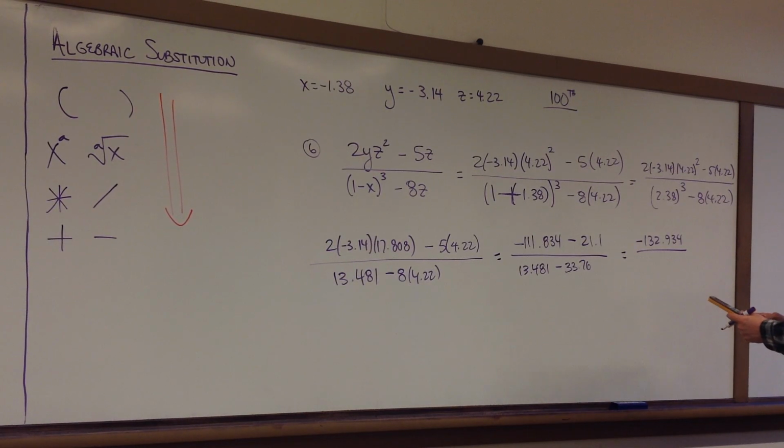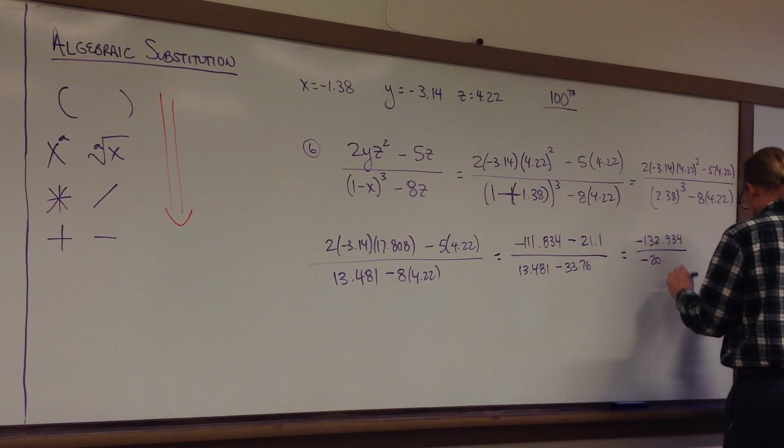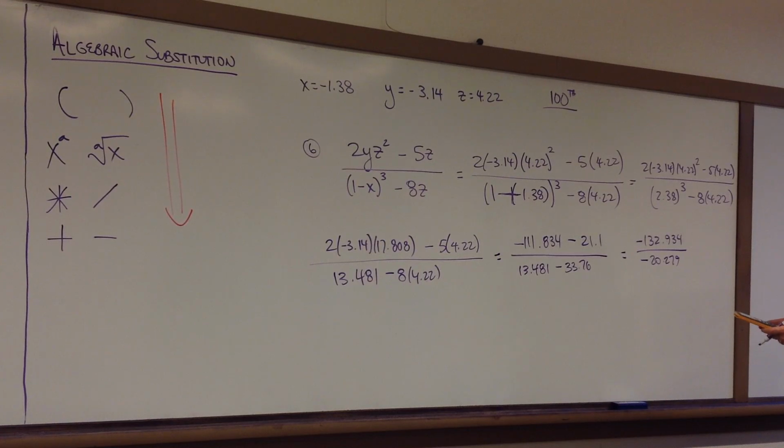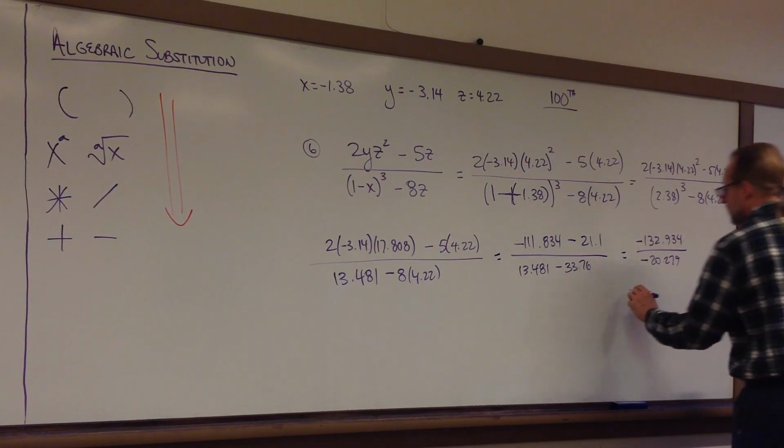It's going to be negative 20.279. And let's go ahead and divide. 132.934 divided by negative 20.279, about 6.56.